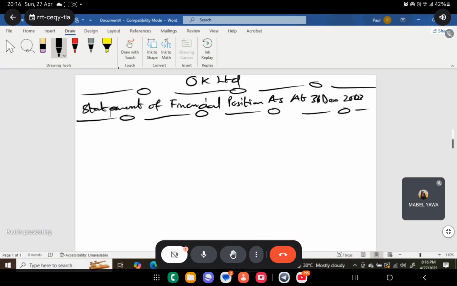Here you bring your currency, but you can say cost, accumulated depreciation, net value first, then you bring your currency, because we are starting with our non-current assets.